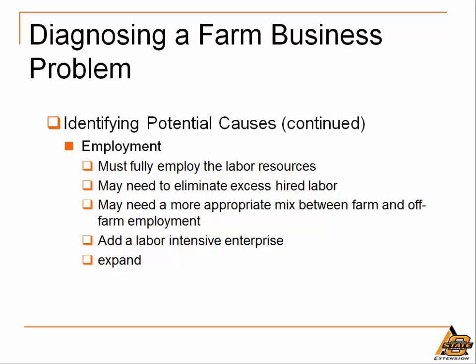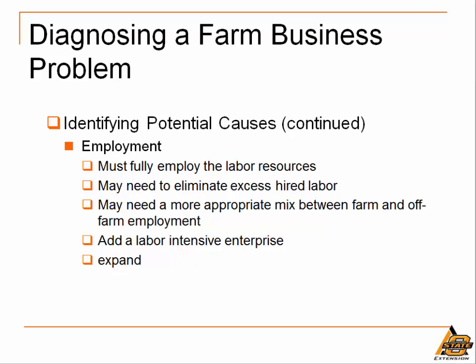That means constantly thinking about how to keep the labor resources productively utilized. In times of financial stress, that may mean eliminating or reducing the amount of labor that is hired. It may mean that farm family members need to seek additional off-farm employment because there are times when the farm simply will not be able to generate the needed amount of family living.